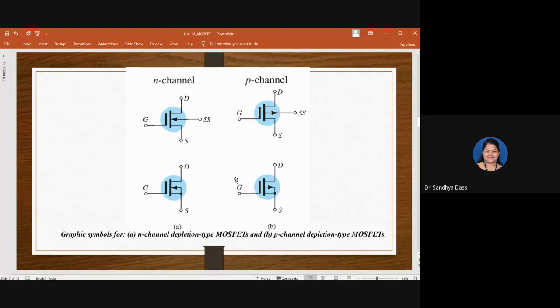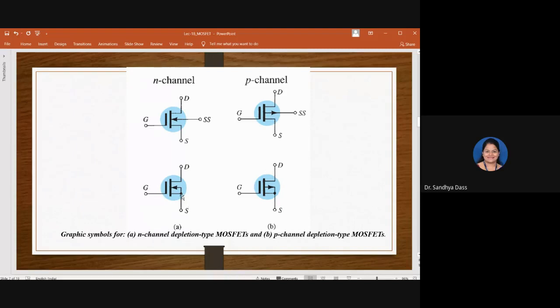This is a typical graphical or symbolic representation of N channel and P channel depletion type MOSFET. Observe that some will indicate it with a separate substrate terminal, and observe the direction of the arrow also. For N channel, the arrow will always point inside, and for P channel, it will point outward.